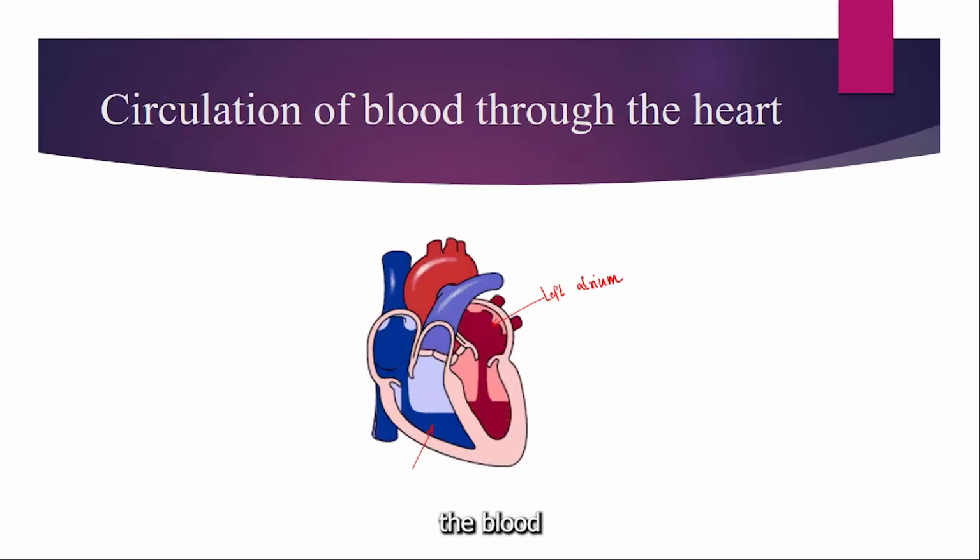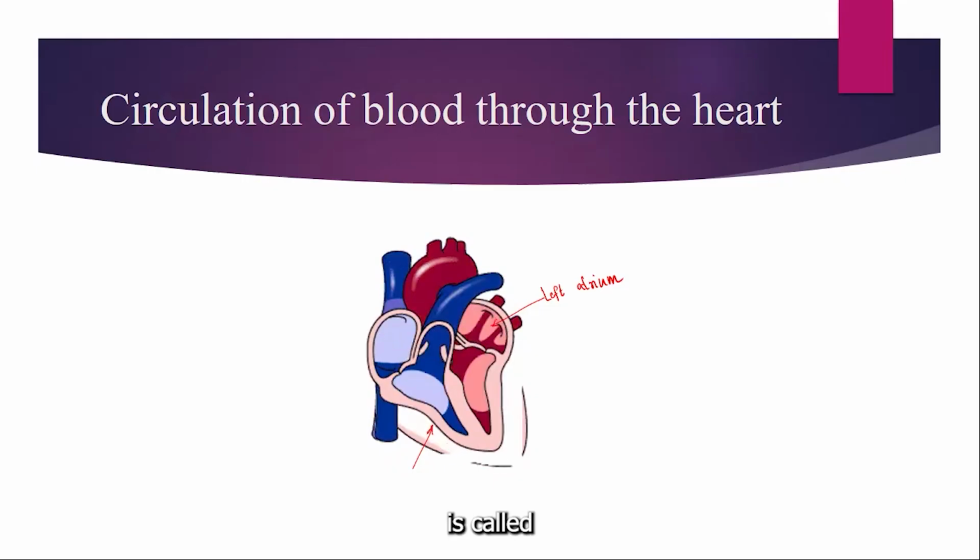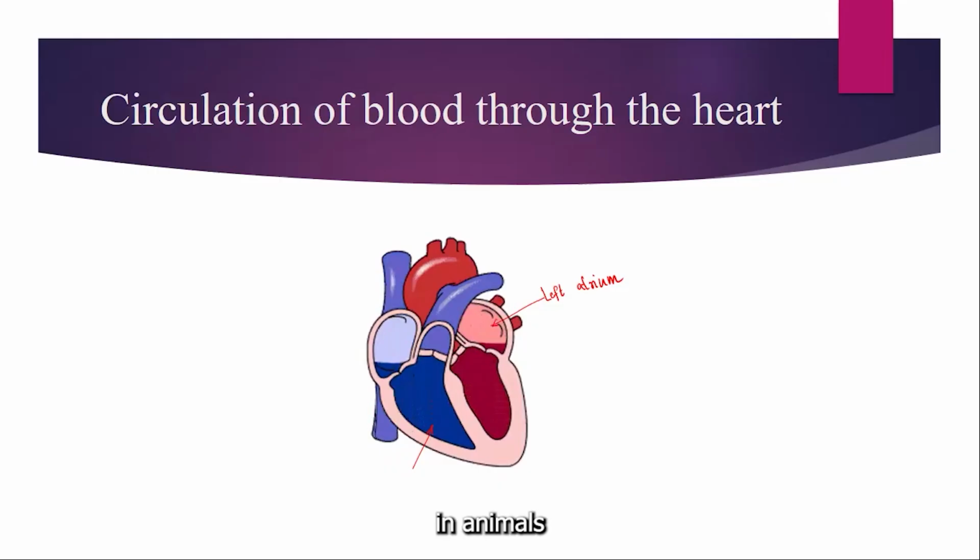See here, the blood flows through the heart twice. Such kind of circulation where the blood flows through the heart twice is called double circulation. Let's see the case in animals like amphibians or reptiles. They have only three-chambered hearts, and they tolerate some mixing of the oxygenated and the deoxygenated blood.